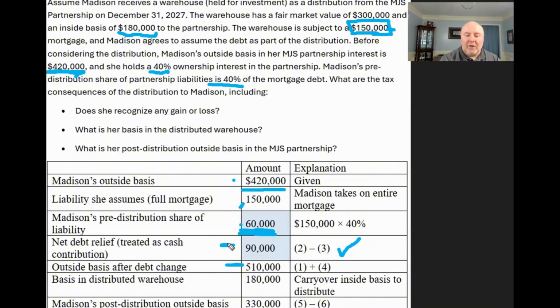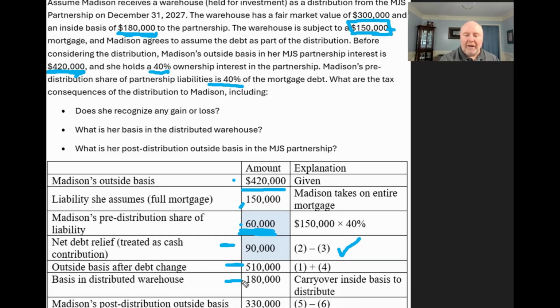Now that we know she has 510,000, that's her basis. Well, if her basis is there, and now she's receiving a distribution, and the inside basis on that land was $180,000, we said in the last problem that the basis in the land or the property is going to be the lower of the inside basis, the basis the partnership had, which is 180,000, or Madison's outside basis, which is 510,000. 180 is lower.